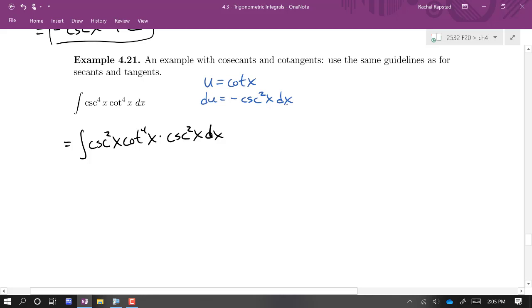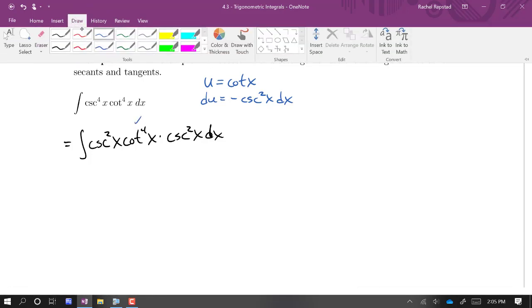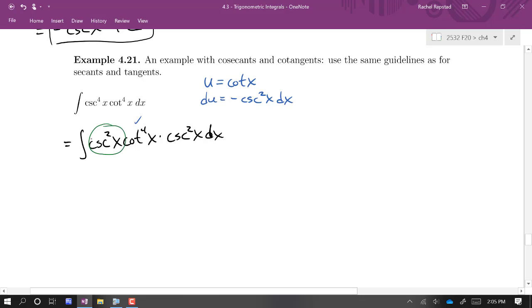That means that we want the rest of this integral written in terms of cotangents, and we can do that with the help of Pythagoras. So we're pretty psyched about that cotan to the fourth right there, but we need to do something with the cosecant squared. So Pythagoras says sine squared x plus cosine squared x is equal to 1.